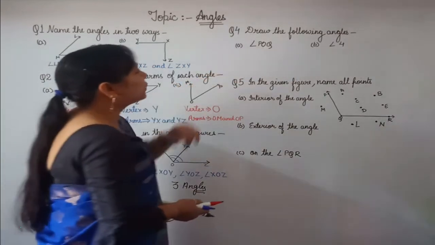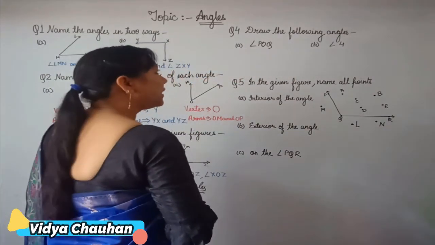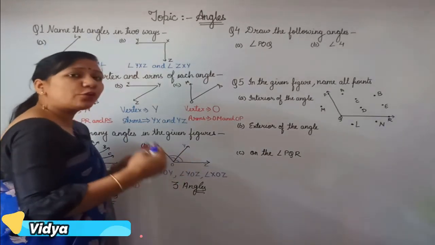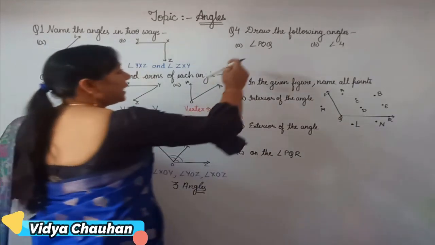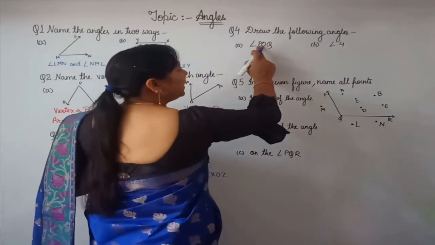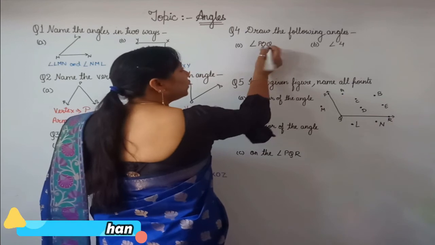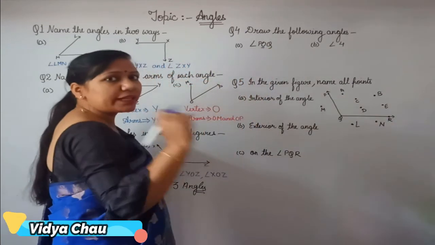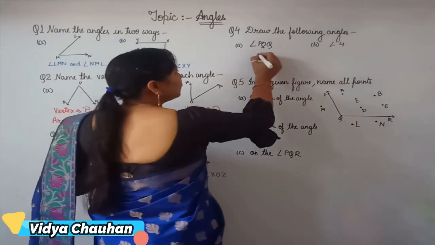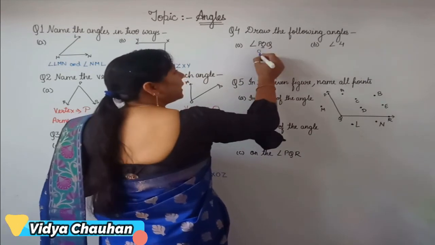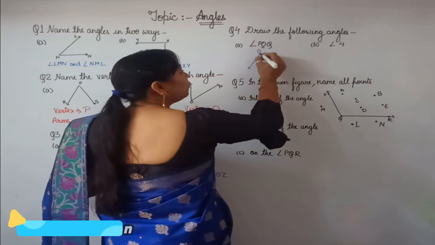Next, coming to the fourth question, draw the following angles. So angle measurement is not given to you, just have to draw any such angle, and the first angle you have to give it name POQ. POQ means the center point is O, it means O is the vertex of your angle. So very first, I am drawing a fixed point O, and after that I have to draw 2 rays.